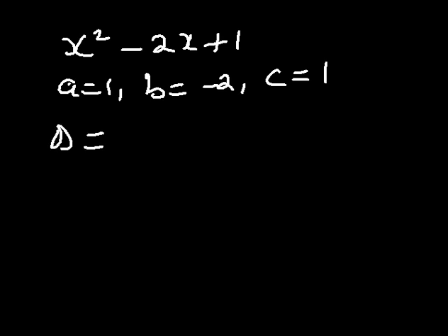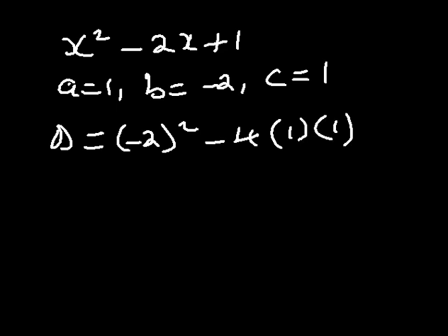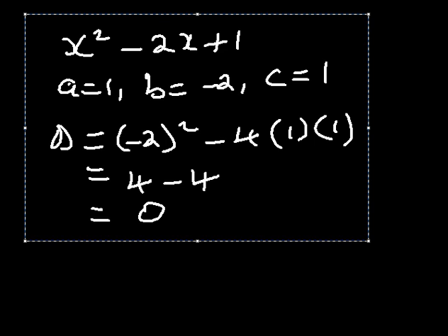Now the discriminant, b squared minus 4ac, is negative 2 to the power 2 minus 4 times 1 times 1, which means we have 4 minus 4. That is 0. That is the value of the discriminant for this quadratic expression.